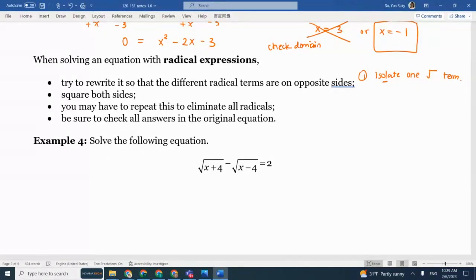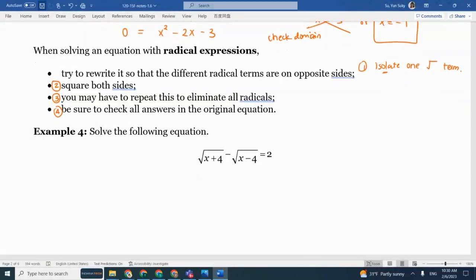And then square both sides, step 2. We may need to repeat this process, so repeat step 1 and step 2 to get rid of all the radicals. And then we will get a polynomial equation, so solve it, and finally, check our work.